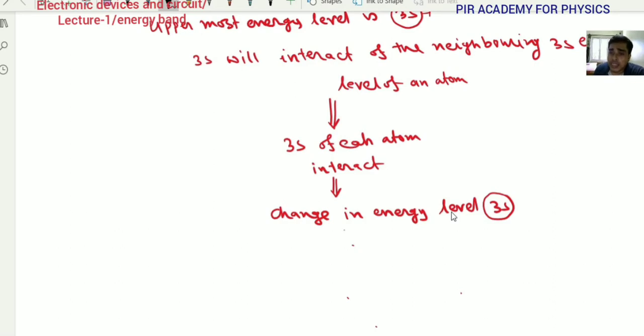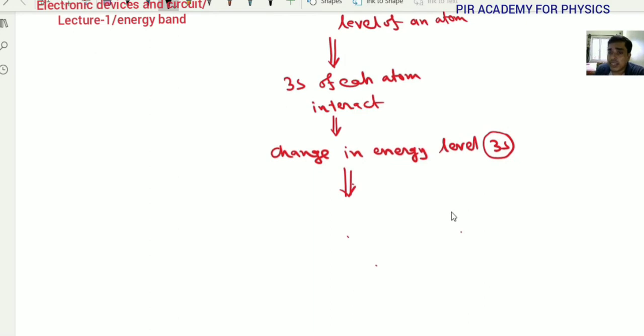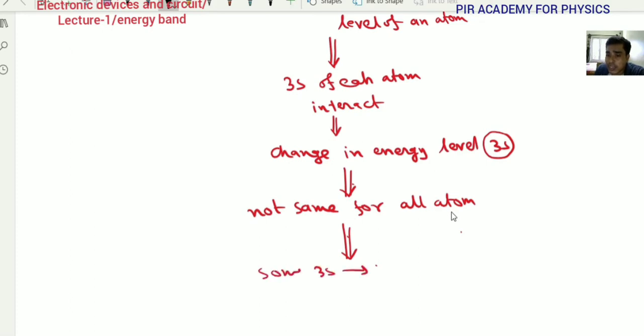So this change is not the same for all atoms. Okay, that means some are shifted. Some 3s energy levels are shifted up.